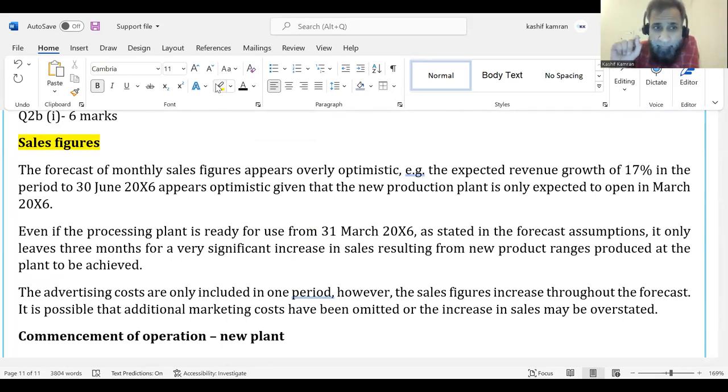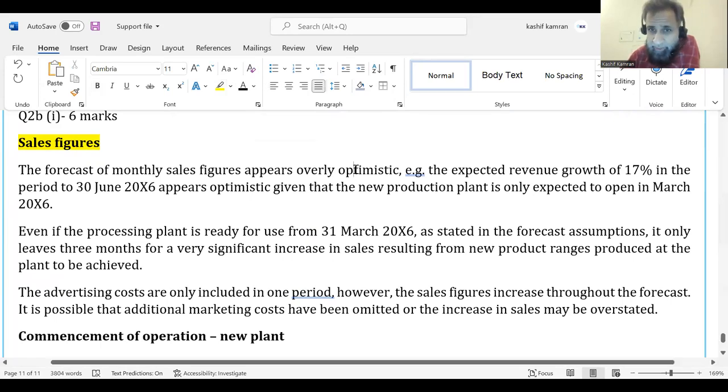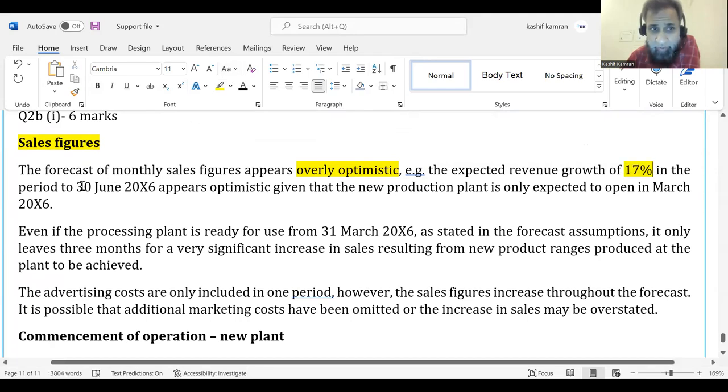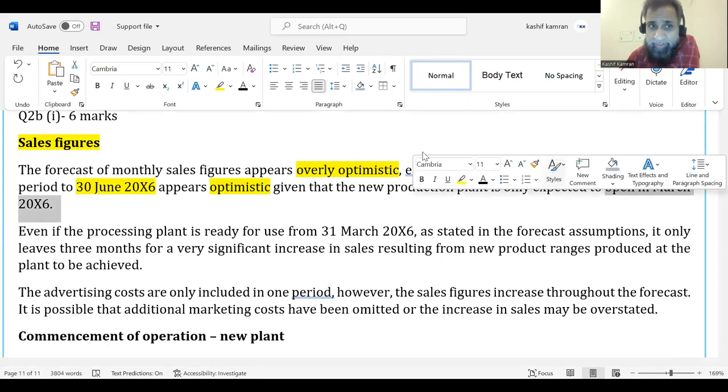Number 1, the forecast of monthly sales figure appears over optimistic. Example, the expected revenue growth of 17% in the period to 30th of June 2026 appears optimistic, given that the new production facility is only expected to open in March 2026.